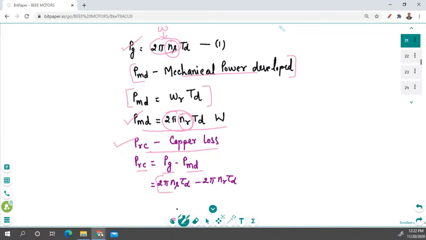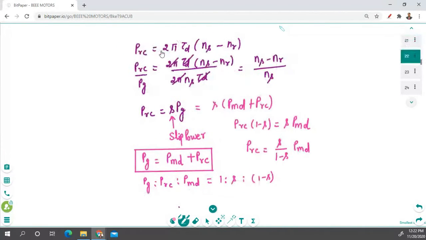So we put the values: Pg is equal to 2 pi Ns into Td, and Pmd is equal to 2 pi Nr into Td. We take the common factor out and we achieve Prc, the copper loss, equal to 2 pi Td, where Td is the torque developed, Ns is the speed of your stator side and Nr is the speed of your rotor side.